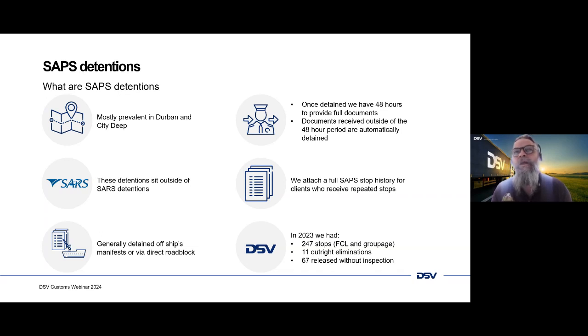What we find is that the NRCS and the SAPS generally work in a tag team configuration, where the SAPS will examine goods for their own reason, i.e. in terms of the Police Act, the Counterfeit Goods Act, or the Drugs and Drugs Trafficking Act. But if they find nothing and notice that potentially something in the container could be relevant to the NRCS, they hand those matters over to the NRCS.